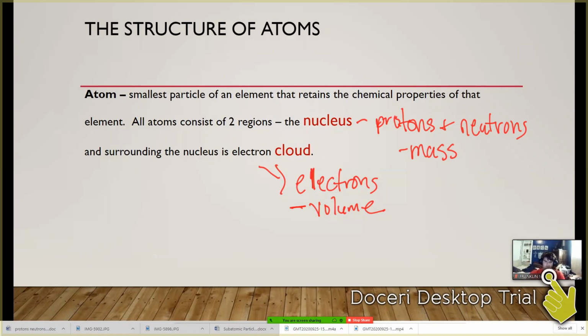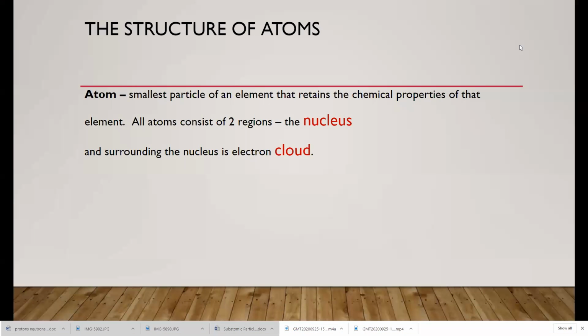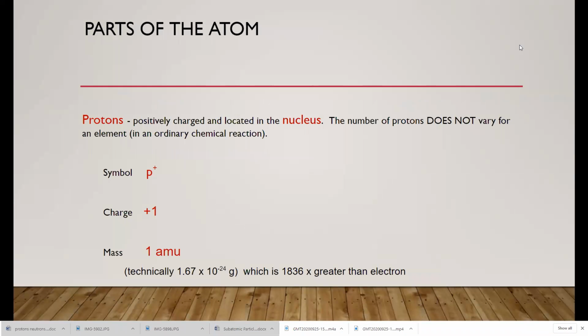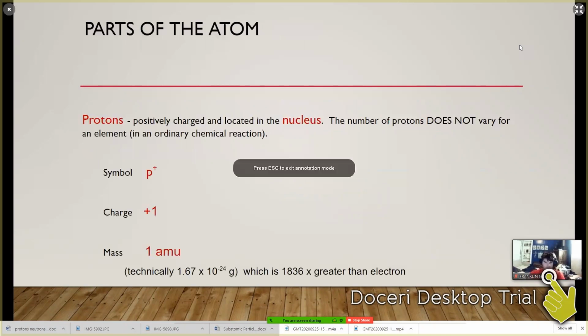And I mentioned that a couple of times already in our notes that we did on Friday. So that's pretty important. So going through our different subatomic particles, the first one is a proton. And it's located in the nucleus.